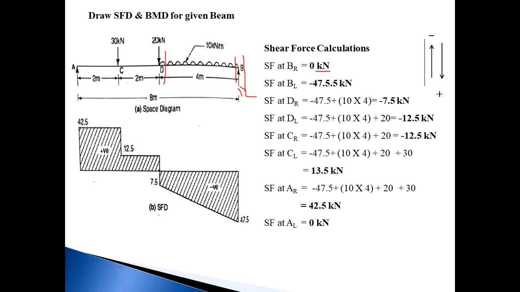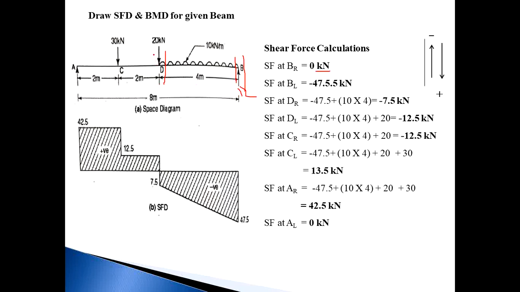The forces are RB and the UDL. RB goes upward and is considered minus, and the UDL goes downward and is considered plus. So minus 47.5 plus 10 into 4, that is 40.